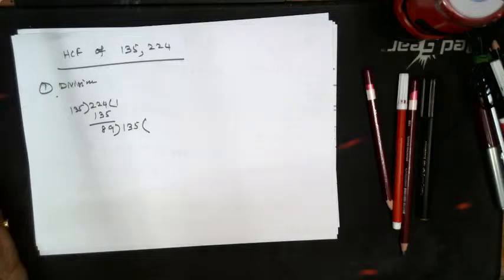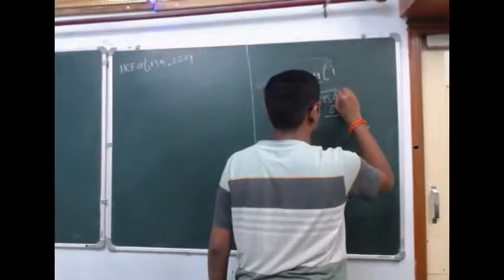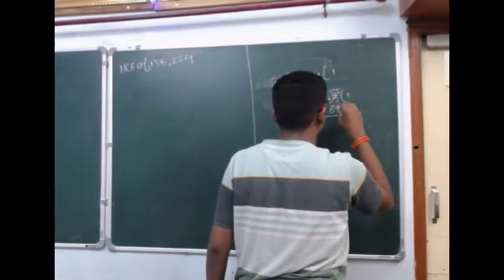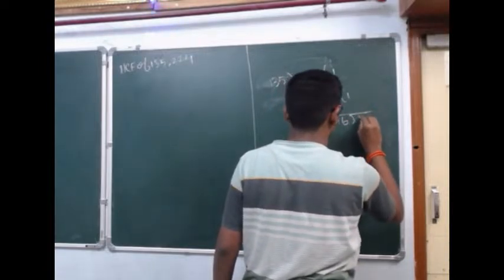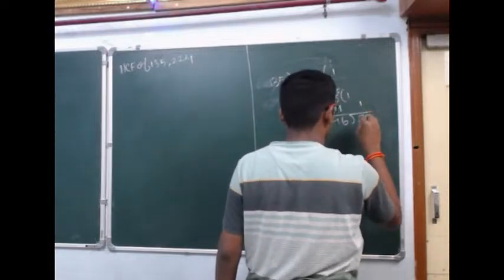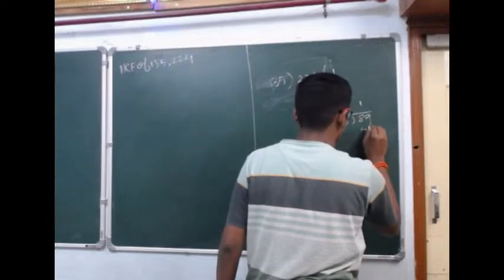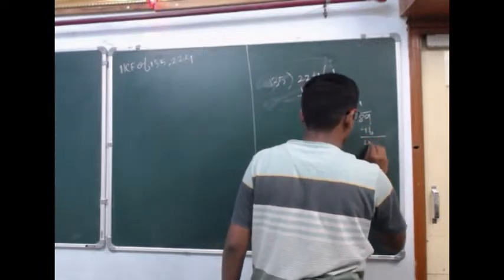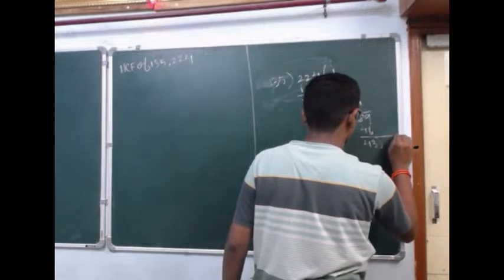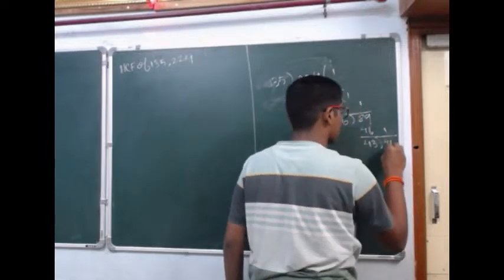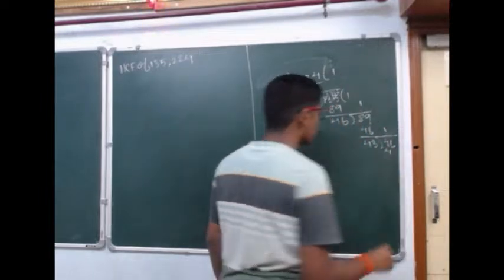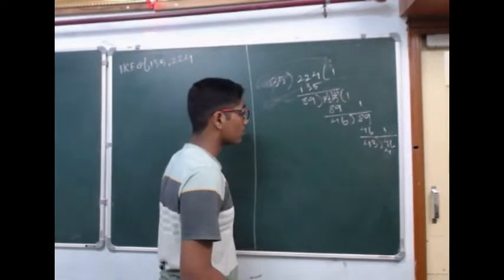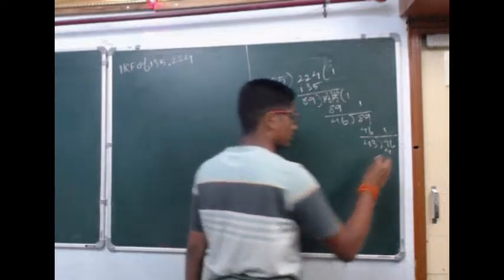There is a problem for you to subtract. What are you doing? 135, 90, again 135. Proceed, one time.